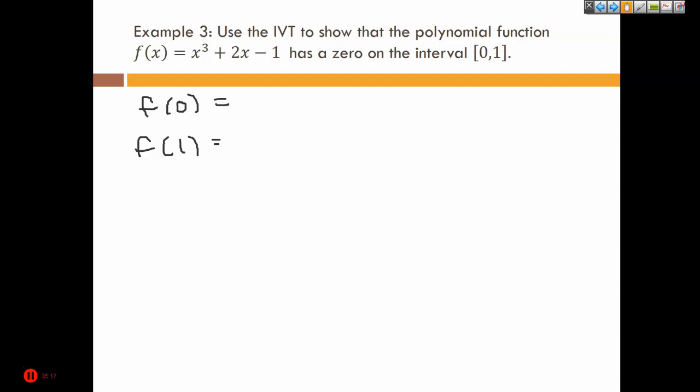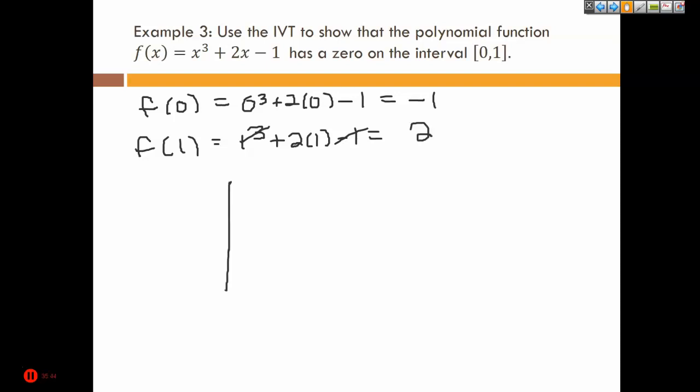So in this case, f of 0 is 0 cubed plus 2 times 0 minus 1, which is negative 1. And f of 1 is 1 cubed plus 2 times 1 minus 1. So 1 cubed is 1, 1 minus 1 cancel, and you get 2.